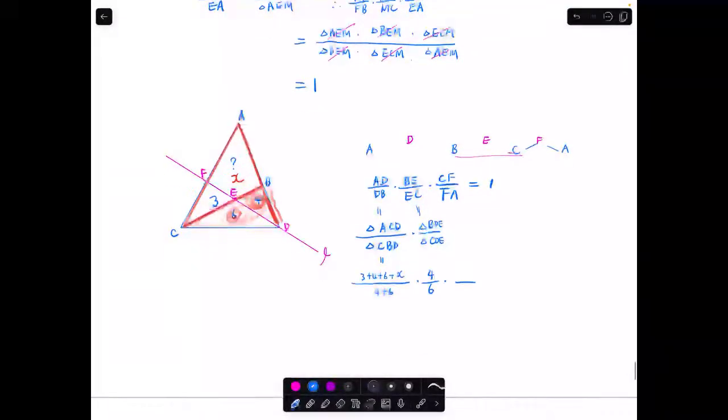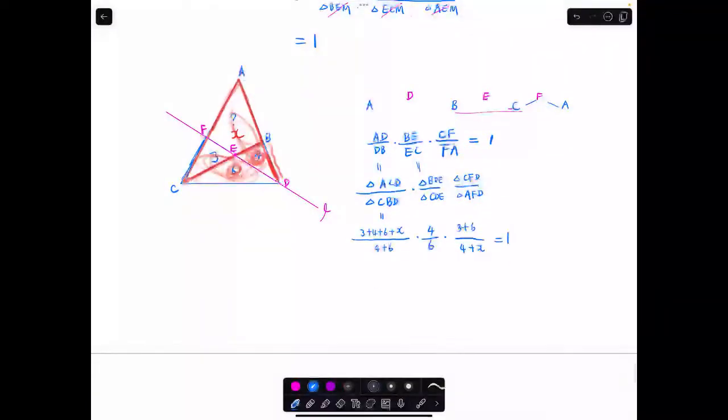What is CF over FA? We claim that it's going to be this triangle over the other triangle, which is triangle CFD over triangle AFD. Now CFD is 3 plus 6. AFD is 4 plus X, equal to 1.